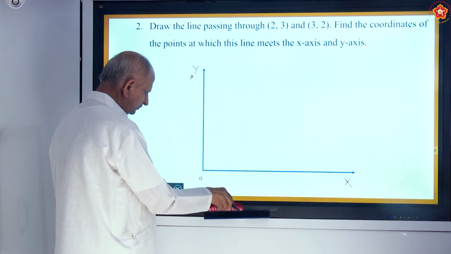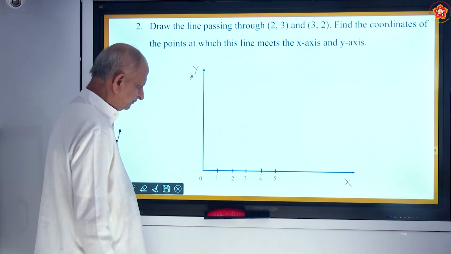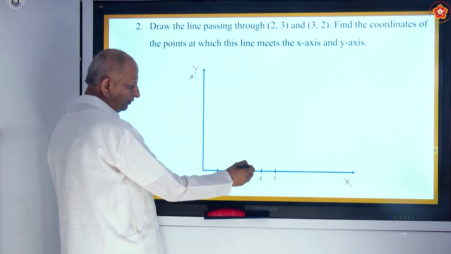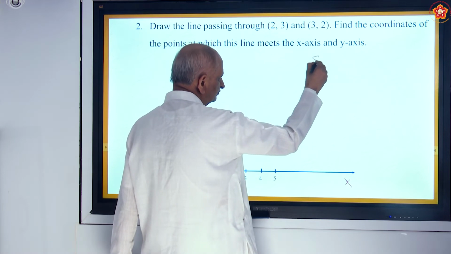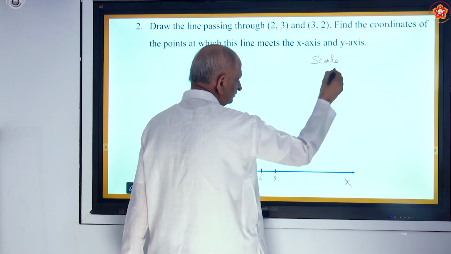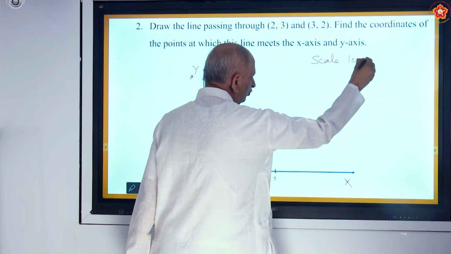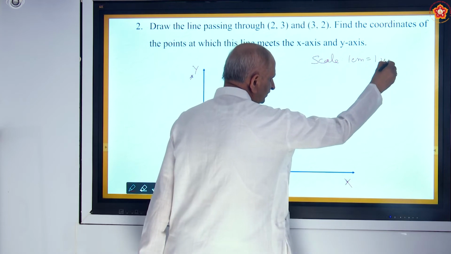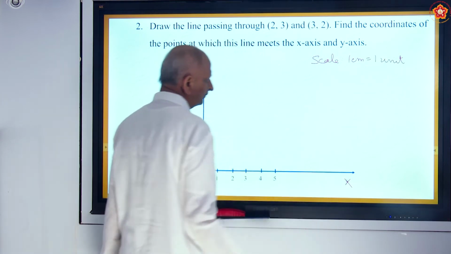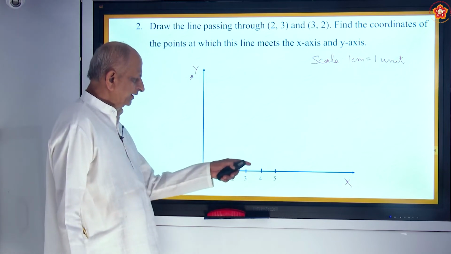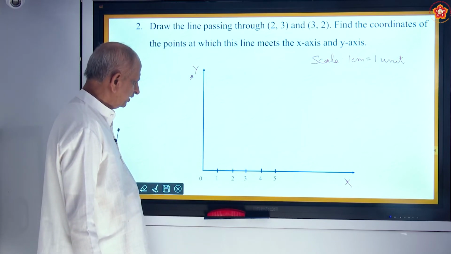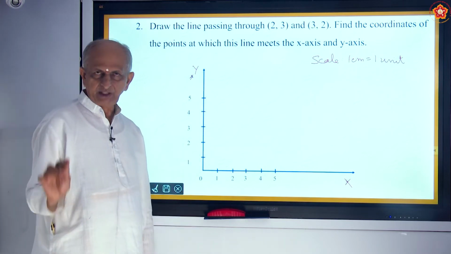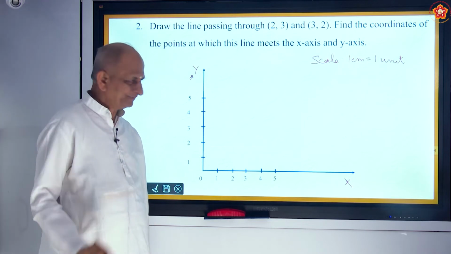You can mark it for every 1 centimeter: 1, 2, 3, 4, 5. So you can write the scale. The scale is simple: 1 centimeter is equal to 1 unit, both in the x-axis and the y-axis. So this is how you mark 1, 2, 3, 4, 5. Coming to the y-axis, 1, 2, 3, 4, 5. Can you do it? This carries 1 mark.